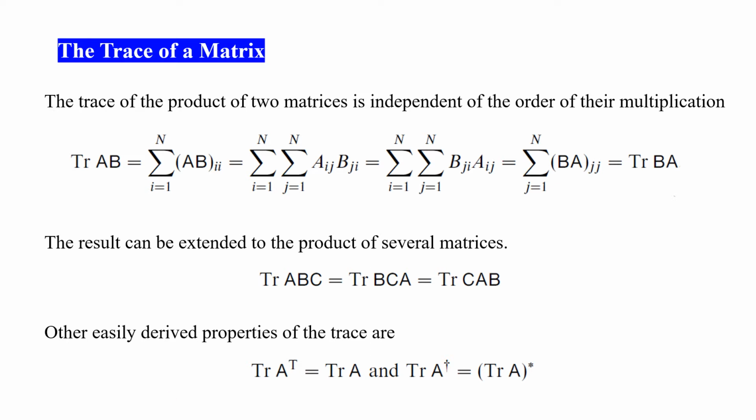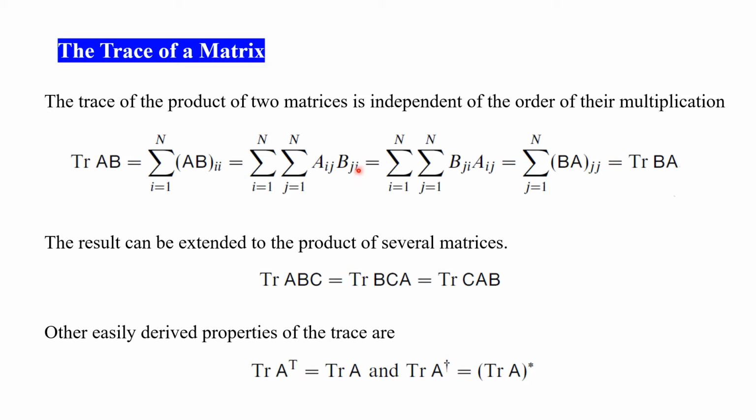That is, if you want to find the trace of A times B, which is equal to the sum over i of the (AB)ii, just remember that you can rewrite this in this term here.